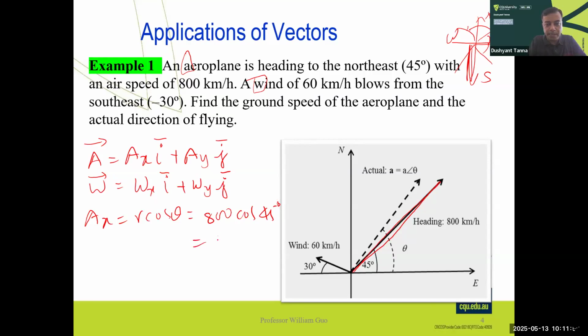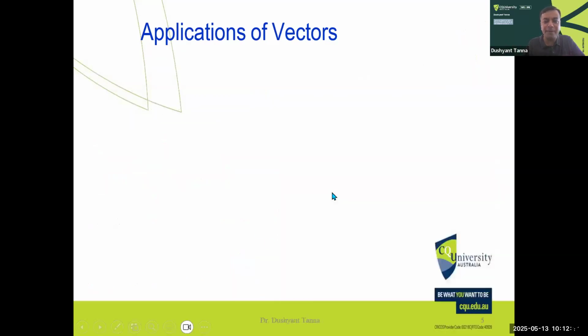I'll write 800 divided by root 2. Similarly, AY is R sine theta. Cosine and sine at 45 degrees are the same, so this will also be 800 divided by root 2. So that's our AX and AY.